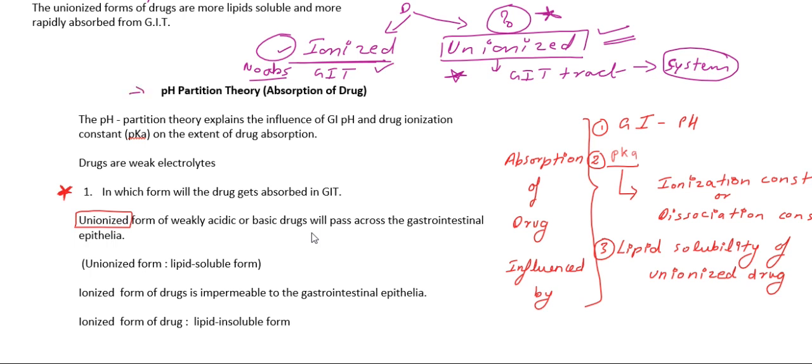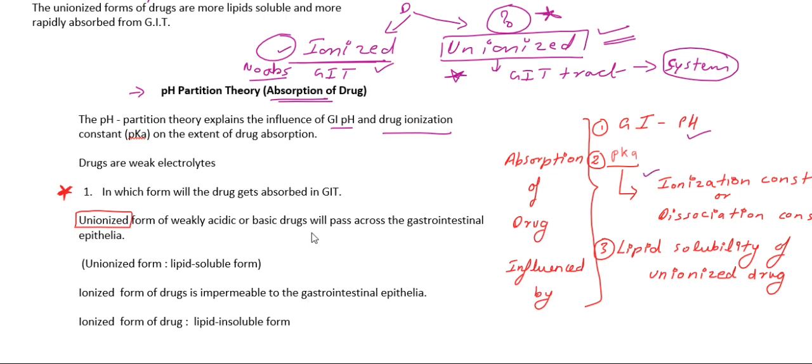Next, let us see what the pH partition theory tells us. The pH partition theory talks about the absorption of drugs. The absorption of a drug depends upon different factors such as gastrointestinal pH, ionization constant, or the dissociation constant, as well as the lipid solubility of the unionized drug.